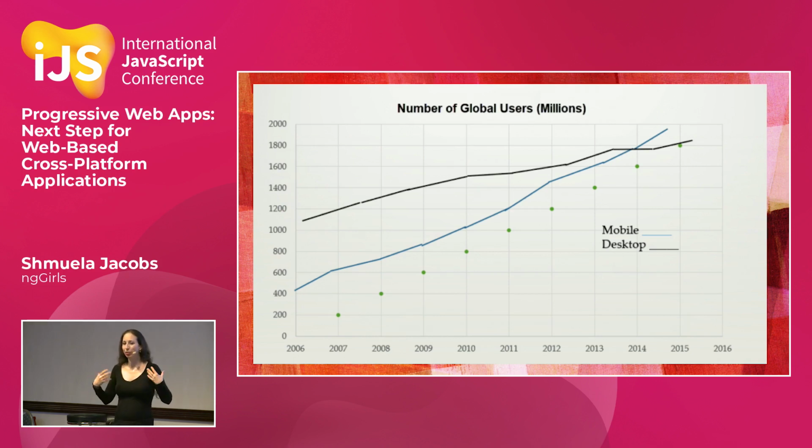And then the mobile phones became more and more stronger, and they have more memory, and data plans became much more efficient and cheaper for us to use, and we are connected to the web almost all the time on the mobile devices. So we had this turning point somewhere just before 2014, where we just had exactly the same number, and now we have more mobile phones using the web more than on a desktop.